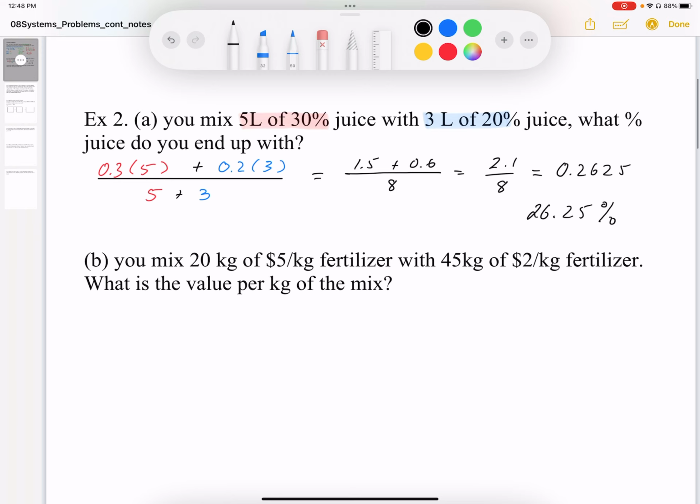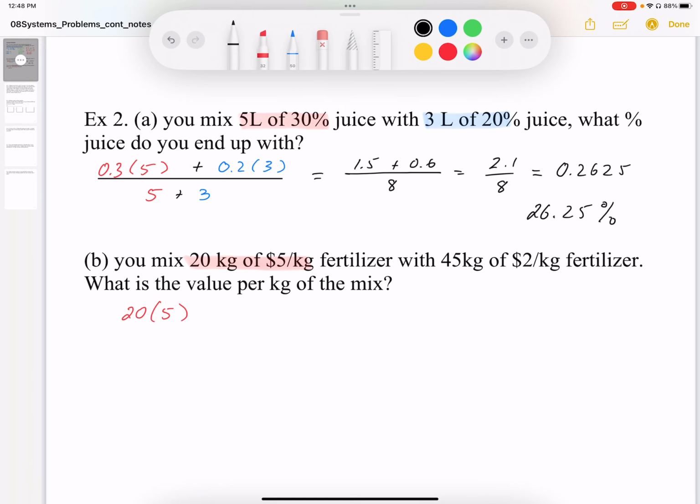For B, we're going to do the same calculation. We're going to take the $5 per kilogram fertilizer to figure out how much that costs in total. So we're going to do 20 kilograms times $5 per kilogram.